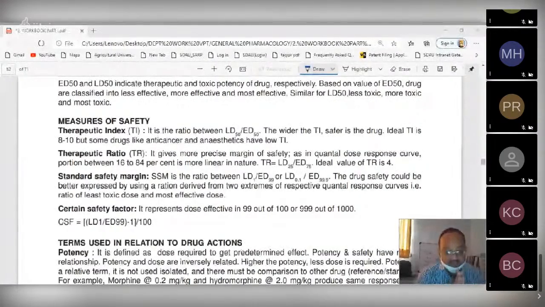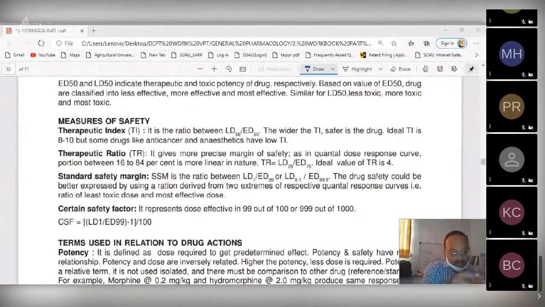So it has a wider margin of safety. You have a wider margin of clinical dose. If you give the ED50 or 2 times or 3 times the ED50, it will not produce any mortality. So just to understand, the wider the therapeutic index, the safer is the drug. As the value of the therapeutic index is greater, your drug will be more and more safe.